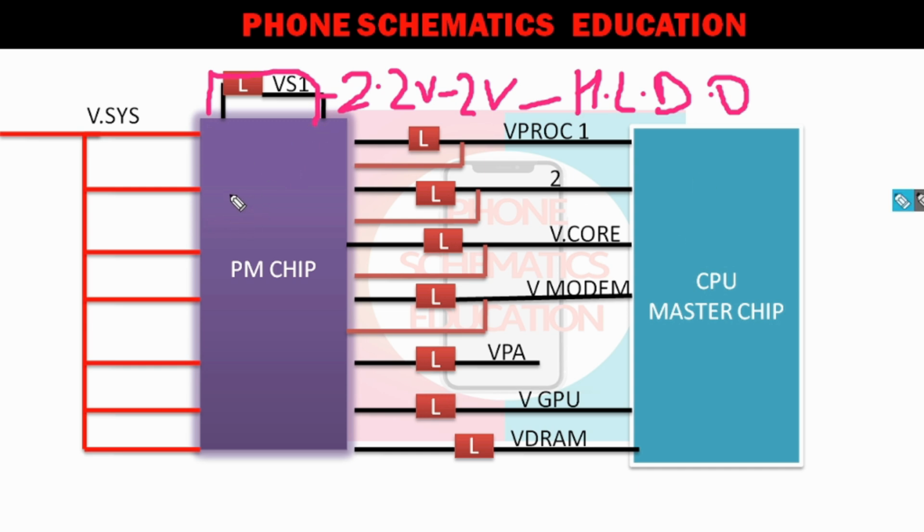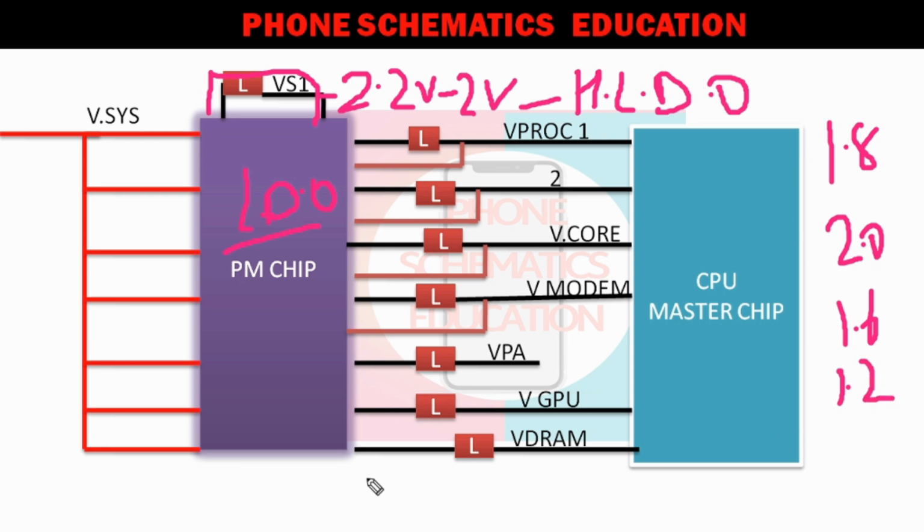Why? The power IC produces LDOs, many LDOs, like the buck lines; the power IC also produces many LDOs for all these sections, like you will see 1.8, 2.0, 1.6, 1.2, right?